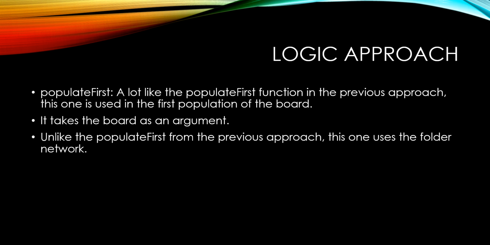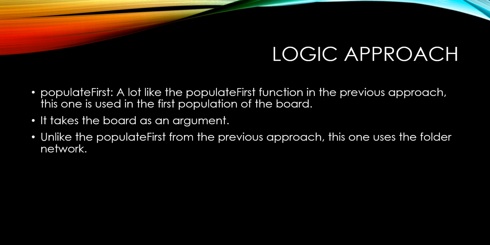Now, populate first. It's almost completely the same as the populate first function in the previous one, but in this one we don't just go for all the possibly smallest values. We instead go for some permutations that are stored in our files.